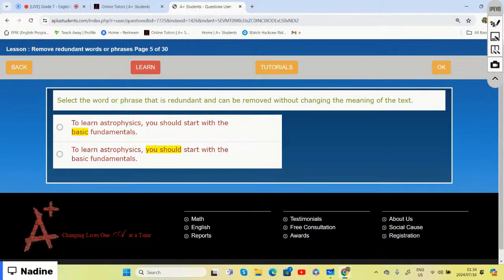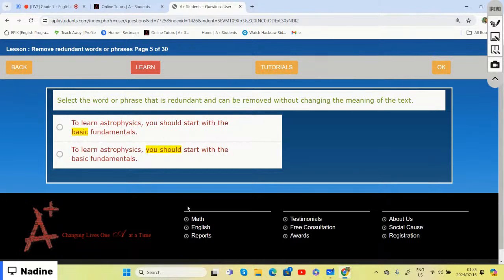To learn astrophysics, you should start with the basic fundamentals. So, we need to select the word or phrase that is redundant.